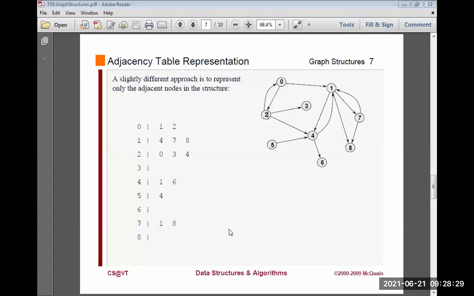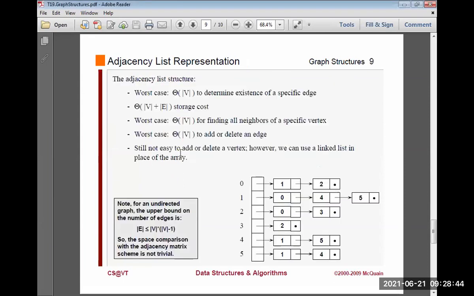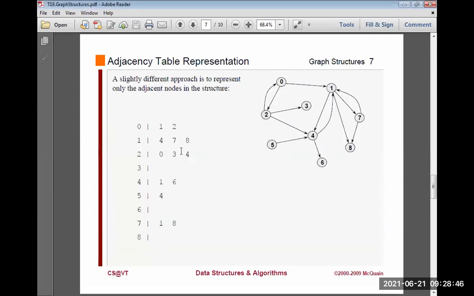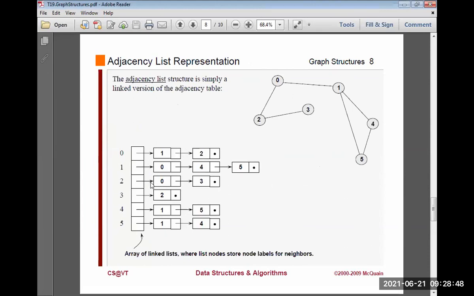Okay, thank you, sir. This is another way. If there is a direct edge, you can represent it in this way. Then in a similar way you have to represent it in linked form. You can represent it in the same manner in linked form. This representation can be done in linked form.